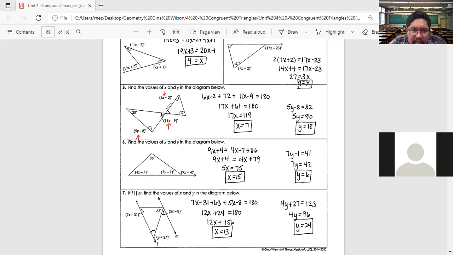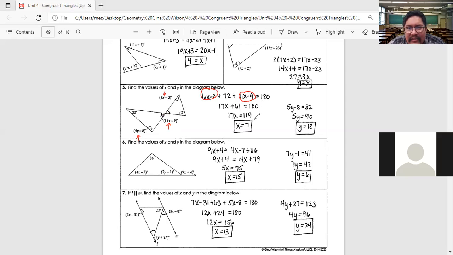So it looks like we would be able to get X because here we have a vertical angle, so opposite angle, which means that this other side here would be 11x minus 9. So when they set it up, 7x minus 2, they put it here, 11x minus 9, and this third angle they know is 72, so they just drop that in there and set all three equal to 180.